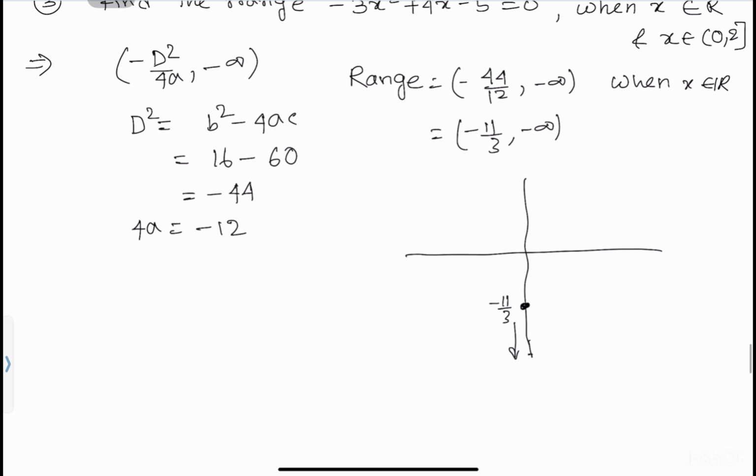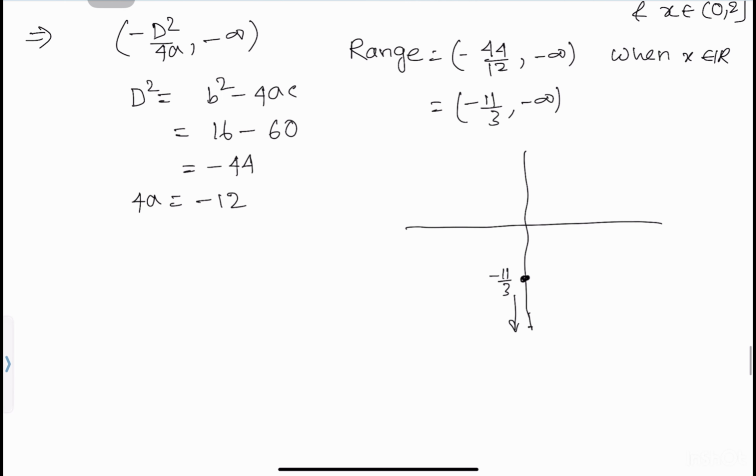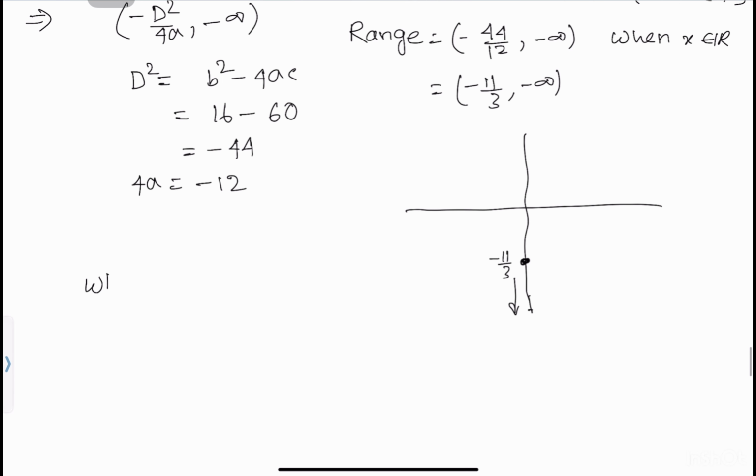But the second part of this question is x belonging to 0 comma 2. When x belonging to 0 open, close 2, you have to find the corresponding value. F of 0 how much? You can check. F of 0 should be minus 5, and f of 2, maybe 25.